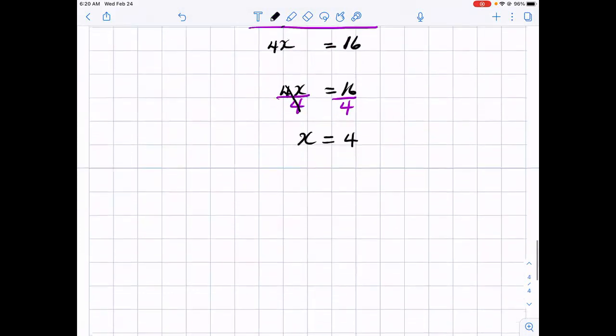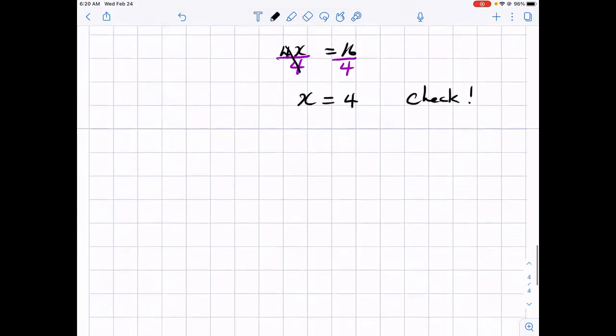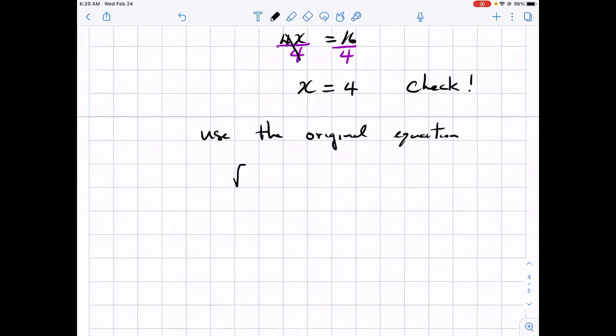Now don't forget, you have to check, okay? And when we check, we go back to the original equation. So we use the original equation, which is the root of 4x minus 7, and we want to know, is that equal to negative 3, right?